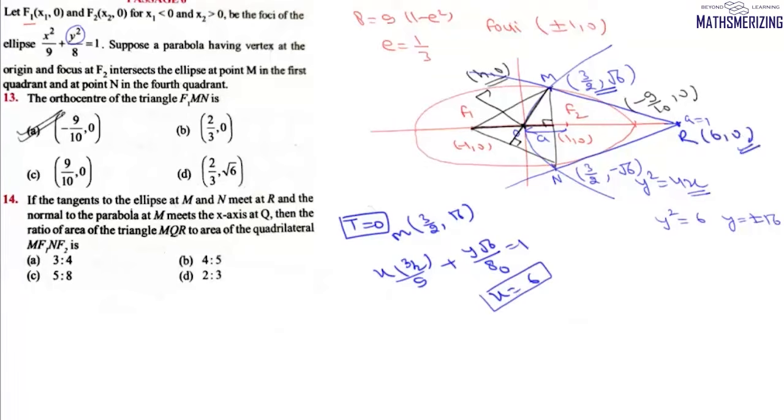And it says the normal to this parabola at this point M meets the x-axis at point Q. So we'll draw a normal to this parabola at this point M, then it intersects the x-axis at this point Q. Now for this point M, which is 3 by 2 comma under root 6, if we find the value of parameter t, then we know that the parametric coordinate on a parabola is given by at square, 2at.